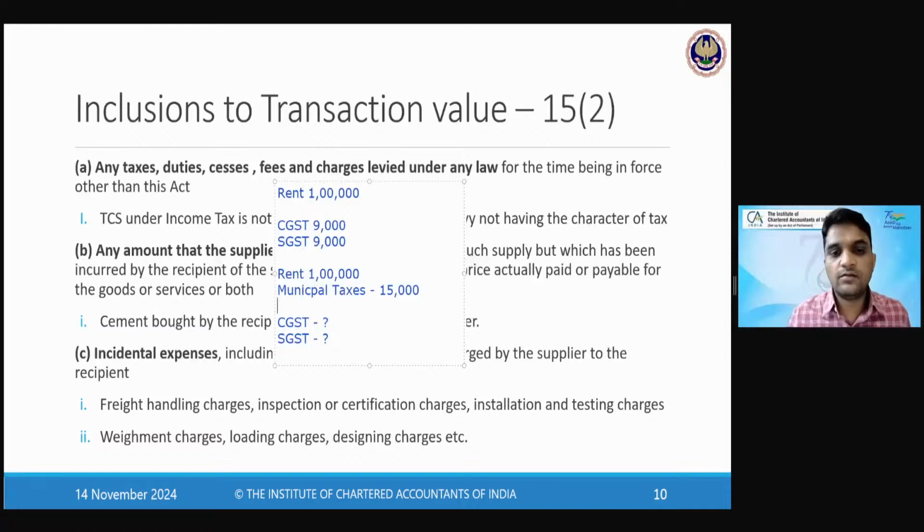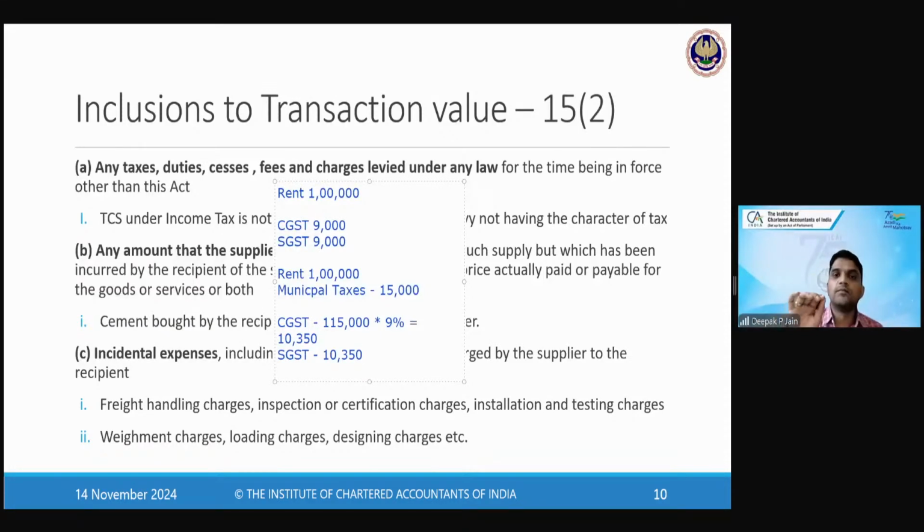CGST will be 1,15,000 into 9%, which is 10,350. Correct. 10,350 CGST and 10,350 SGST.